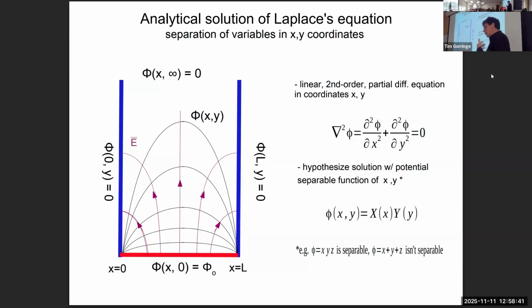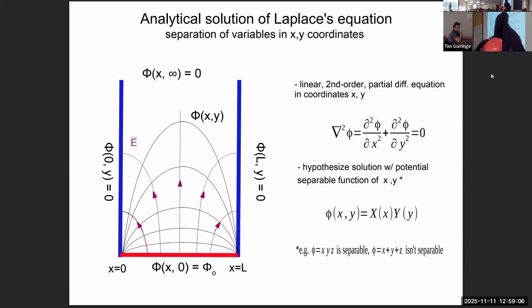So we're going to make the hypothesis, the guess about the nature of the solution, that the potential in the region of interest, which is a function of two independent variables, can be written as a product of one function that depends on one of those two variables times another function that depends on the other.